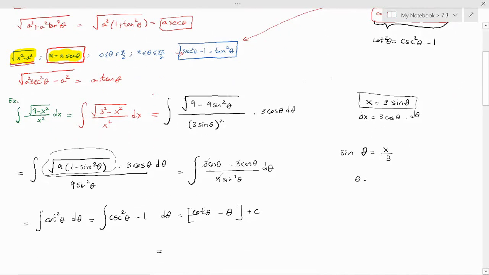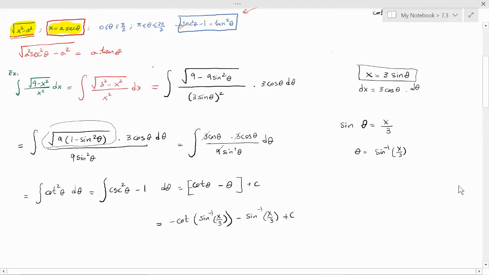So what is theta? You take an inverse function. Theta would be sine inverse of x over 3. So what we have is negative cotangent of sine inverse of x over 3 minus sine inverse of x over 3 plus some constant.